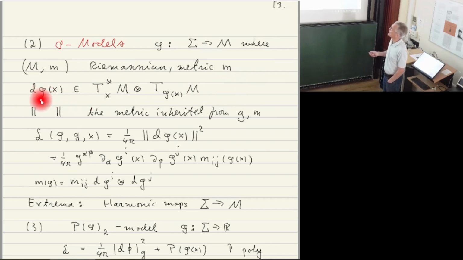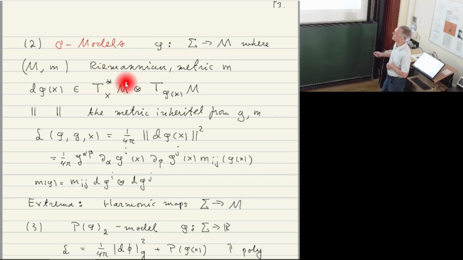So what is the derivative of the field? Let's think about it abstractly first. It's a cotangent vector on your... there's a misprint here. This should be sigma here. Sorry about that. Okay. So it's the differential.